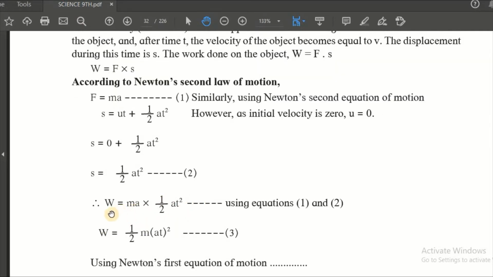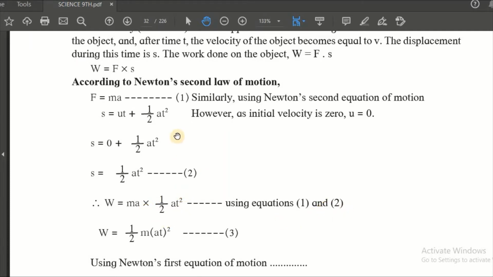Then we get W is equal to ma into S, and we found S is 1 half at square. Put this equation number 2 value in equation number 1. W is equal to ma into 1 half at square.